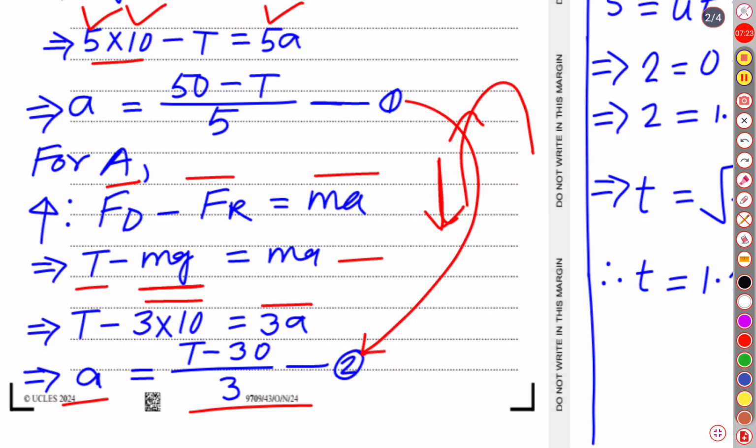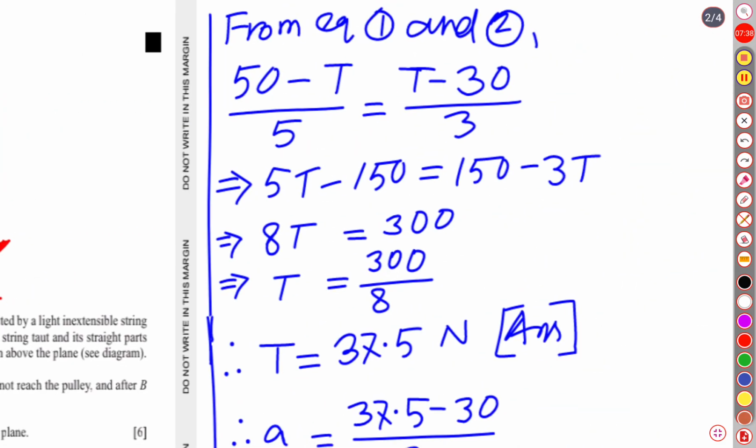Solving these equations simultaneously, both left sides are a, so the right sides must be equal. (50 minus T) over 5 is equal to (T minus 30) over 3. By cross multiplication, it is going to be 150 minus 3T on one side and 5T minus 150 on the other.